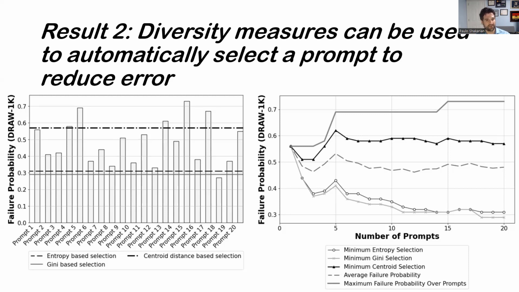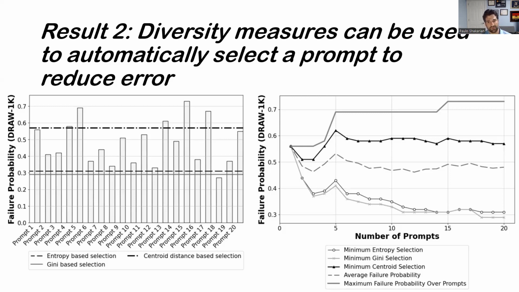And as you can see here in the histogram, each of the 20 prompts has a different failure probability based on a test set of data. And what we could do is take the diversity measure and for a given problem, run the problem through all 20 prompts, hitting each multiple times, and calculate the diversity measure for each individual prompt, and return the result that is the best one.